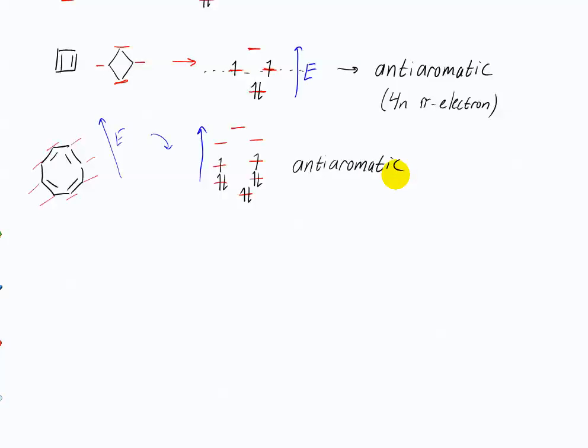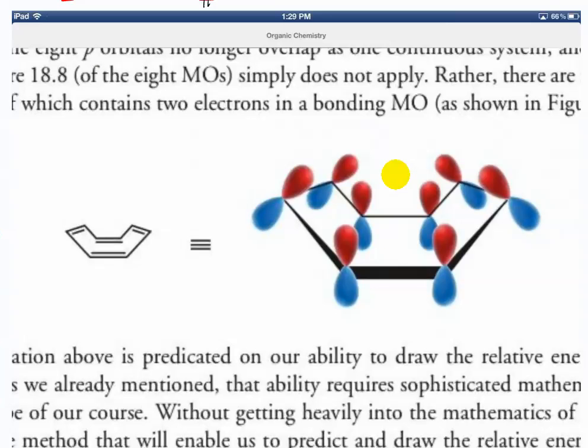I'll just show you the picture. Cyclooctatetraene ends up not being flat. Because being flat would make it anti-aromatic, and anti-aromatic is less stable than just not aromatic. So it bends to prevent itself from being anti-aromatic.